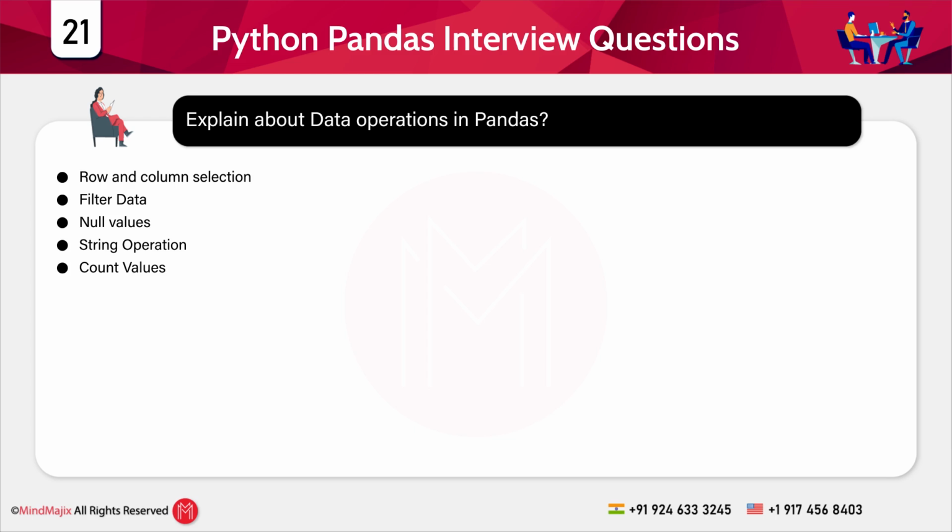The functions for dealing with null values are isnull, notnull, dropna, fillna, replace, and interpolate. Then you have string operations for dealing with data. Pandas provides a set of string functions for working with string data while ignoring missing or not available values.